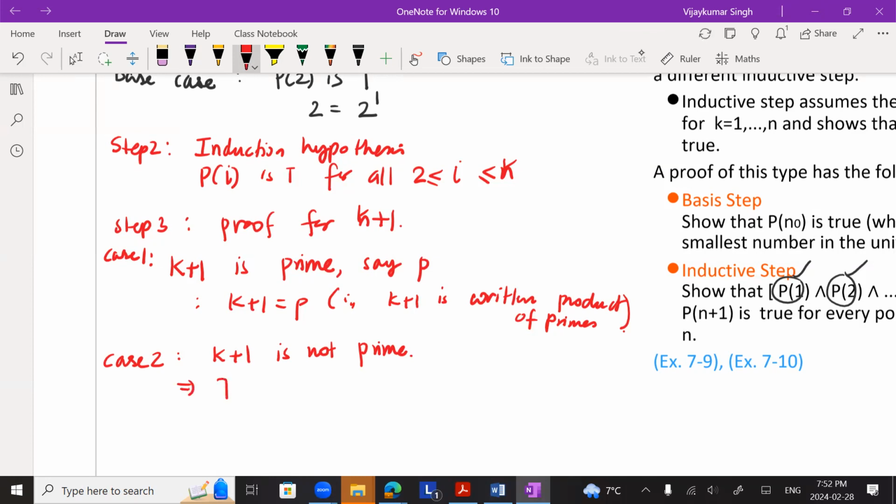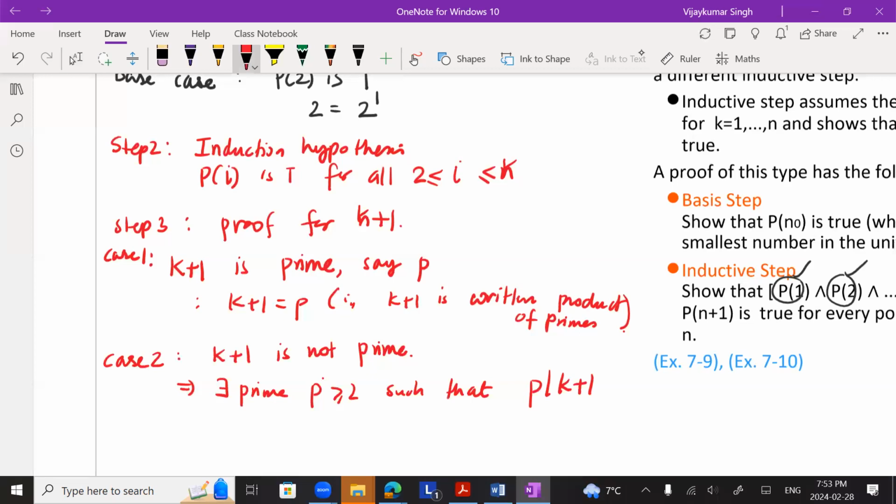This implies there exists a prime p greater than or equal to 2 such that p divides k plus 1. That's what composite means, right? If it's not prime, there is a prime divisor. We don't care about the size of this prime divisor, but all we know is that it divides k plus 1, and it's greater than or equal to 2 because it's a prime.